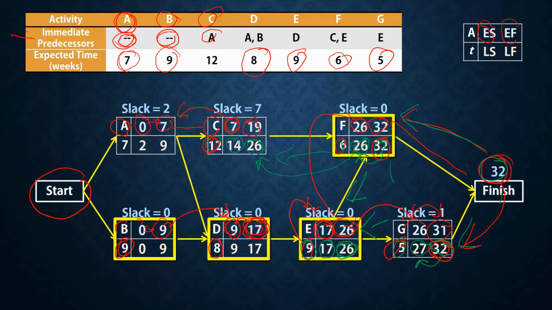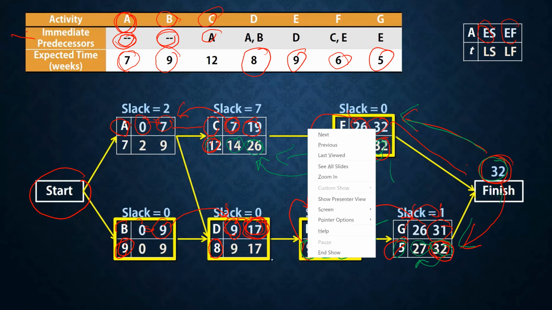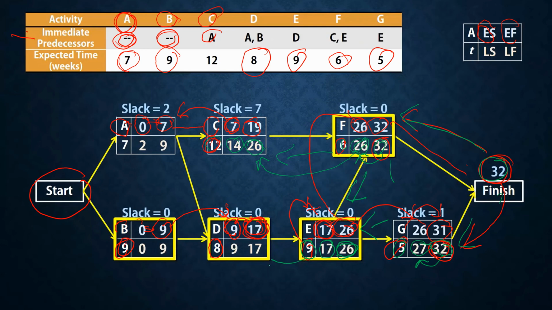For D, the late finish is 17, because E's late start is 17. So we finish here with 17 minus 8, which equals 9.